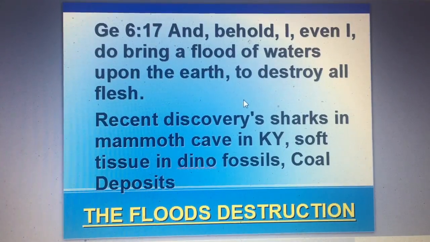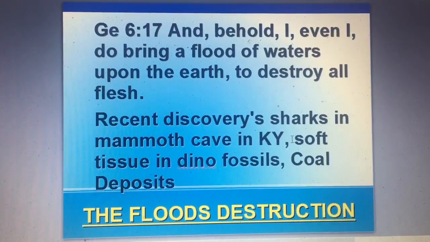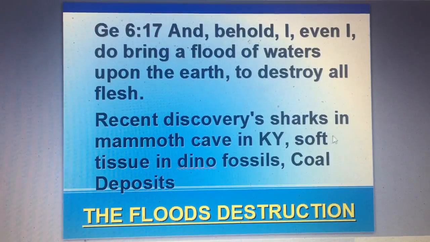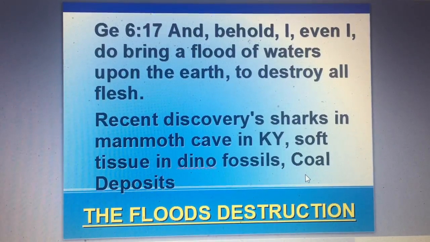I mean, you recently have discoveries of shark fossils in Mammoth Cave in Kentucky. Okay, soft tissue like spongy tissue in dino fossils. That's because they're not that old. Okay, coal deposits. People have always wondered why coal deposits are laid down in even gigantic sheets, because coal deposits are made from compressed vegetation.